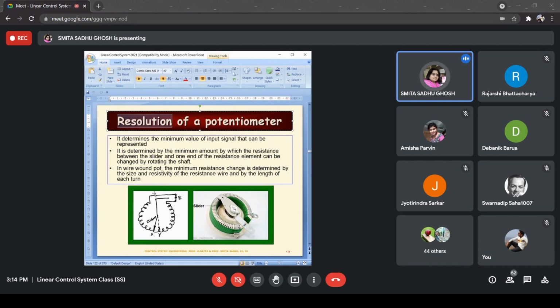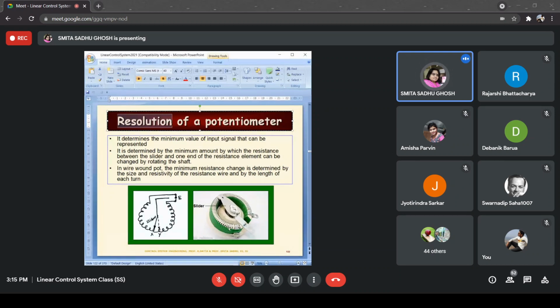So just look at this diagram. It is a very crude and hand-drawn diagram, but you can see here I have shown E, which is the applied EMF, and it is being applied across this point and this point of the circular element. This is a resistive element. Actually, I've tried to show the coils over here because it is going to be coiled in nature.